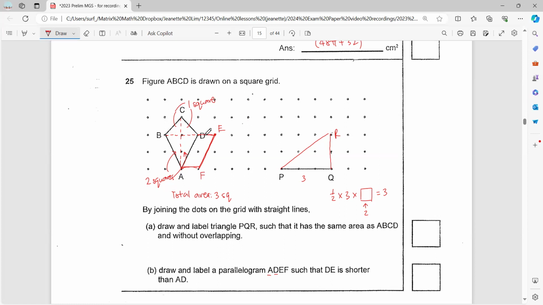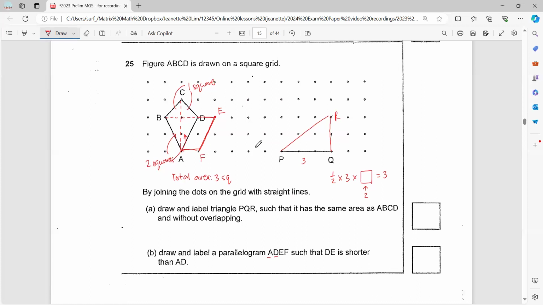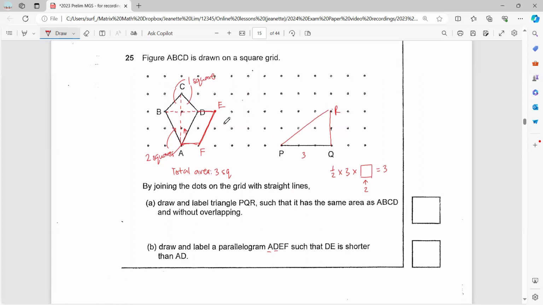If you draw it over here, it's still fine. DE will still be shorter than AD. So this is not the only answer. Actually, even if you put E over here, it's also correct. Not wrong. E over here, then it's a very thin parallelogram.